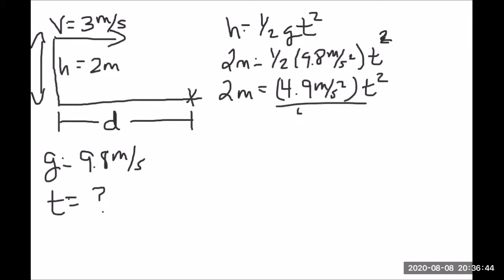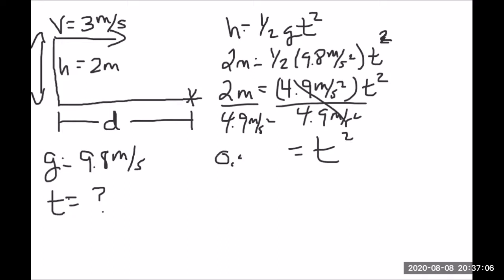We divide, and 2 divided by 4.9 is 0.408 or 0.41.